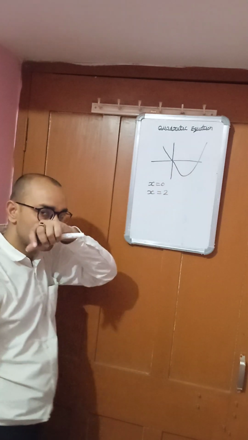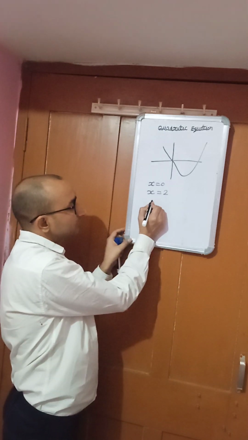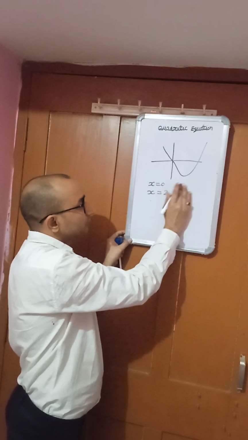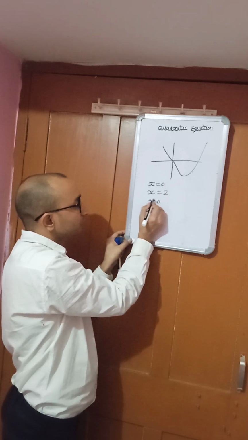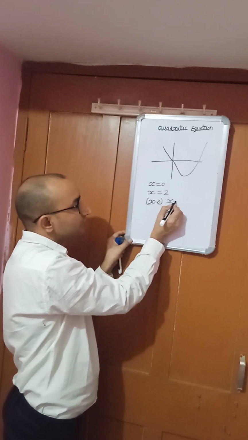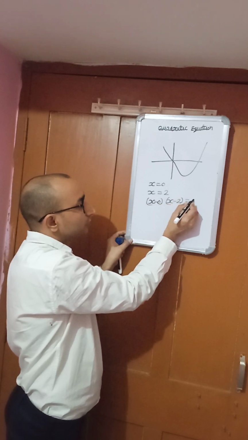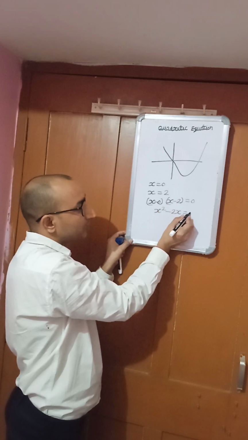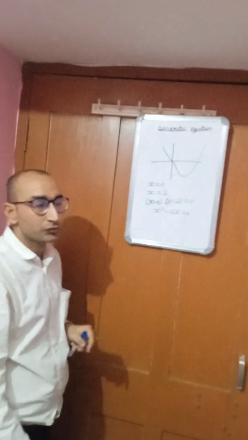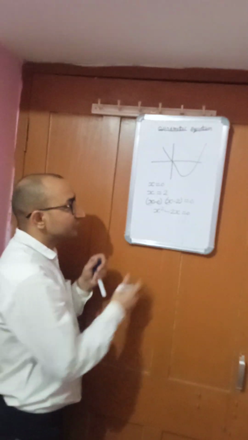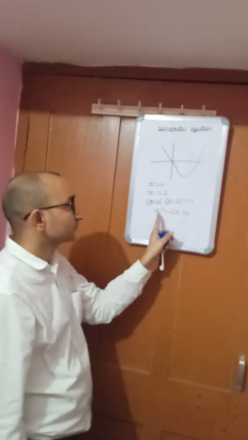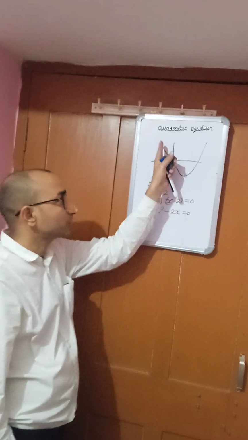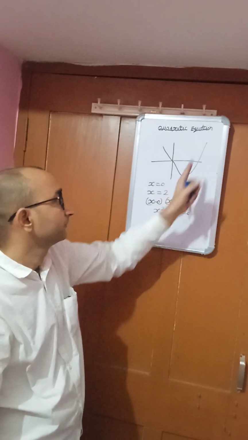Then this gives a x minus 0 and x minus 2 equals to 0, means x square minus 2x is the equation of this parabola. X square minus 2x is the equation of this parabola, means here c is not present. See here, this is a quadratic equation, but c is not present here. Such types of parabola can be drawn in this way.